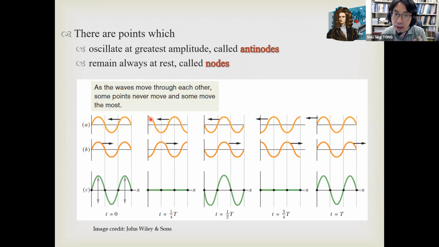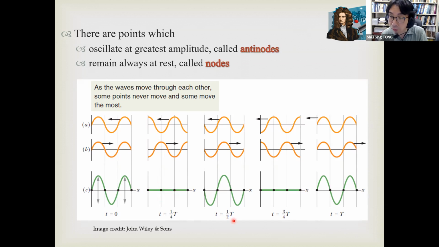Now you can see the peak of the first wave superposed with the trough of the other, and vice versa. The trough of the first wave superposed with the peak of the other. So the two waves are anti-phase, and the disturbance will be 0. So now you see a zero disturbance here.